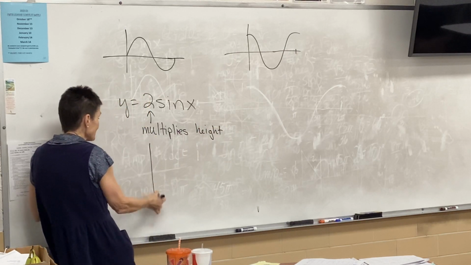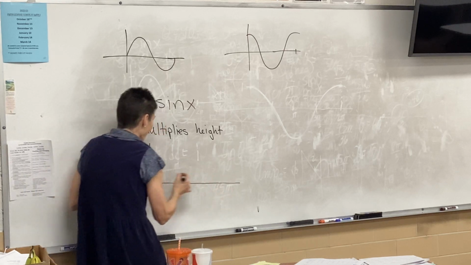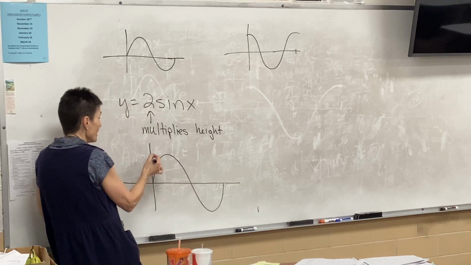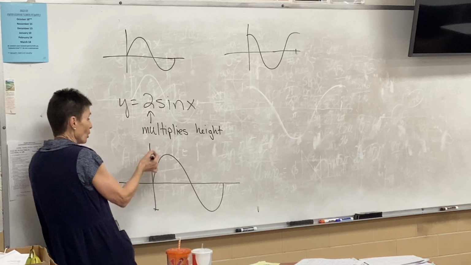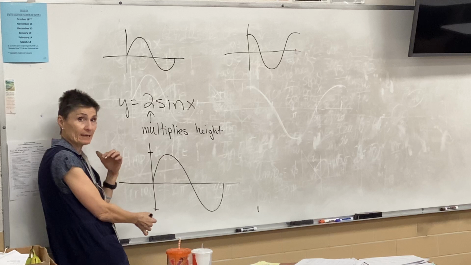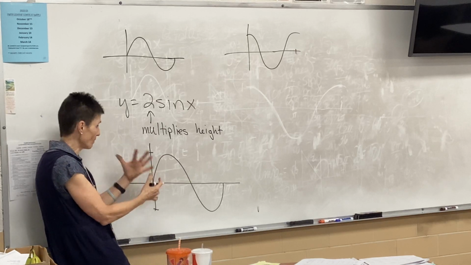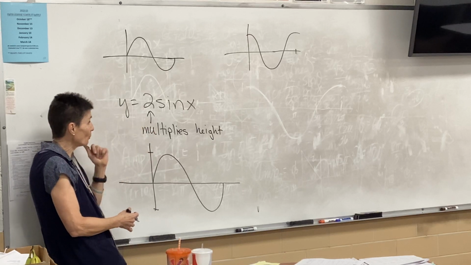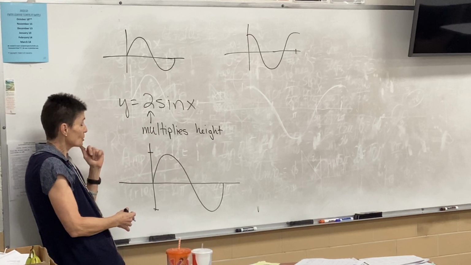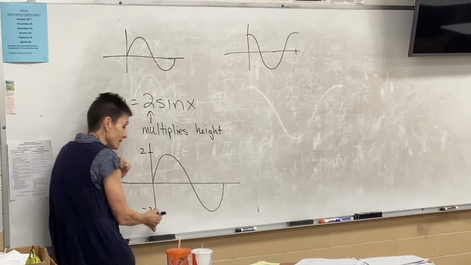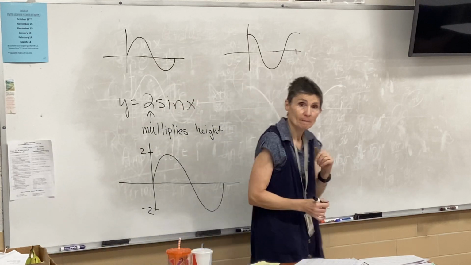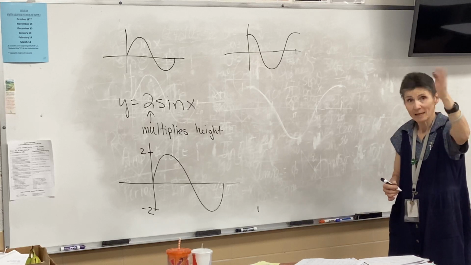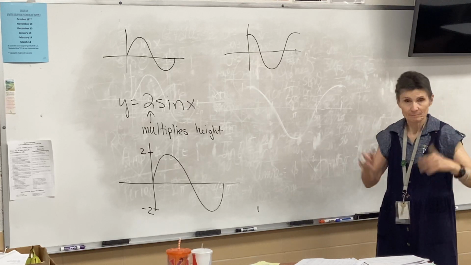So what that means is I have my sine curve that normally goes up to 1 and down to -1. Normally the height is 1, but now I've put a 2 out there. So now my height is going to be 2. A number in front multiplies the height of your waves.